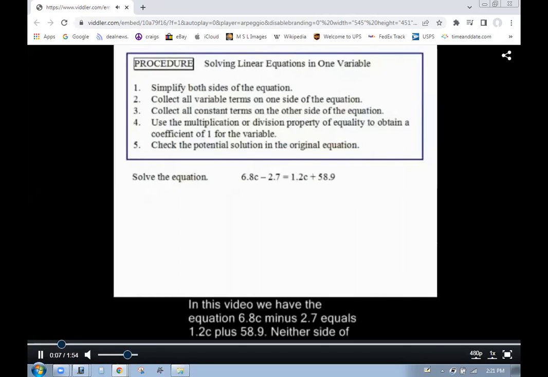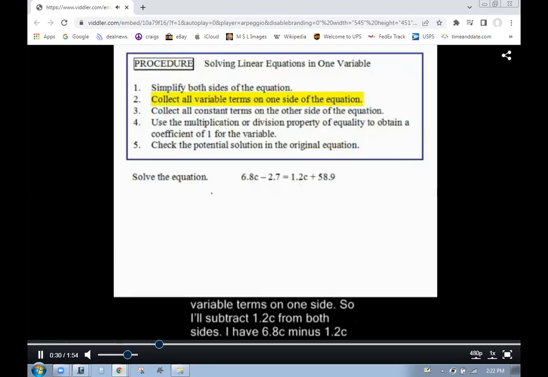In this video, we have the equation 6.8c minus 2.7 equals 1.2c plus 58.9. Neither side of the equation can be further simplified. I'll move on to step 2. I'll collect the variable terms on one side. I'll subtract 1.2c from both sides.